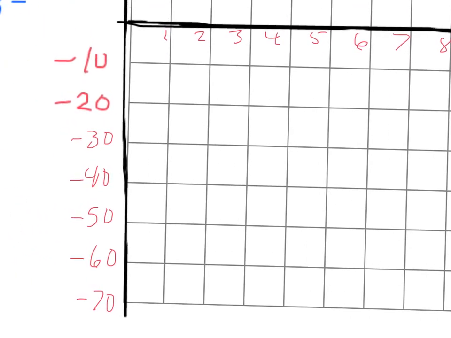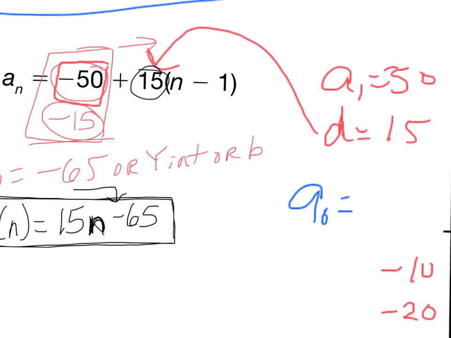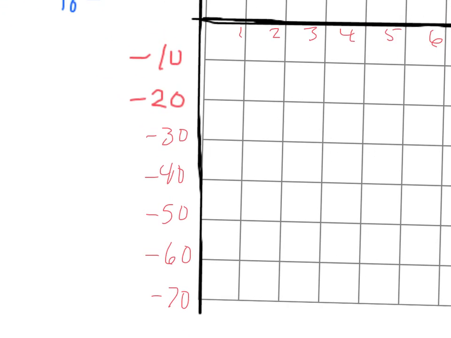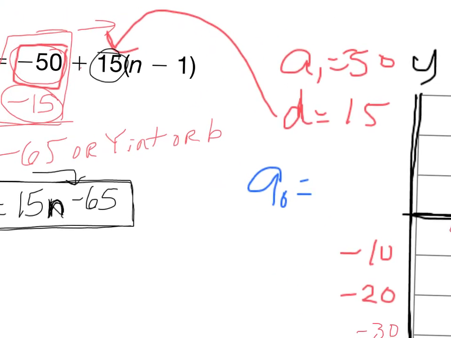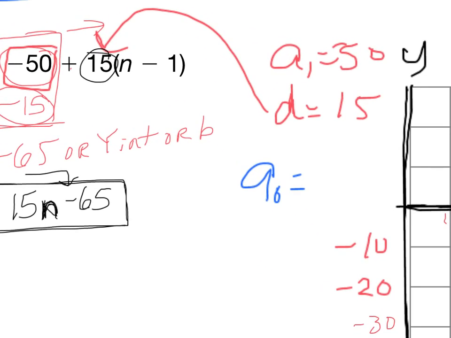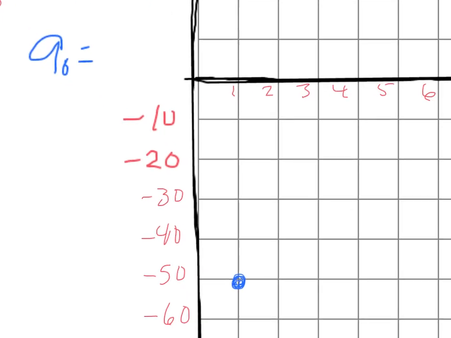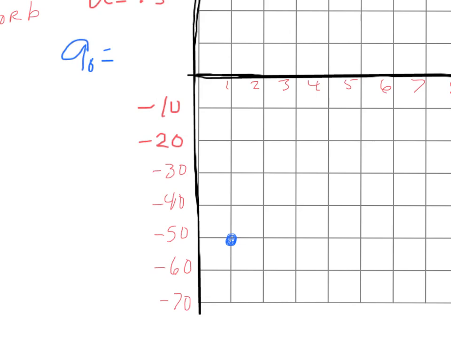So the first point was -50, the first number. So that would be here. And then from there, it's going to go up 15. See, it's up 15. Now sometimes it's kind of hard to tell. This one will be halfway up there. Well, that's in the middle, I think you would agree with that.